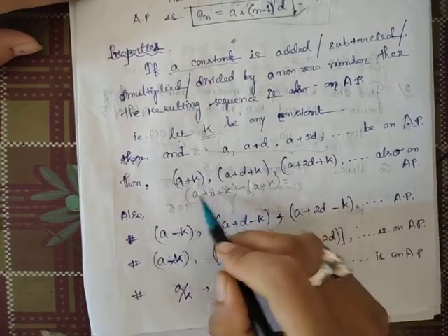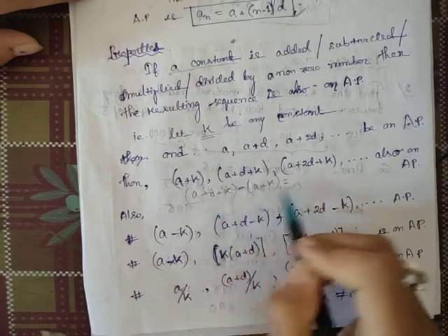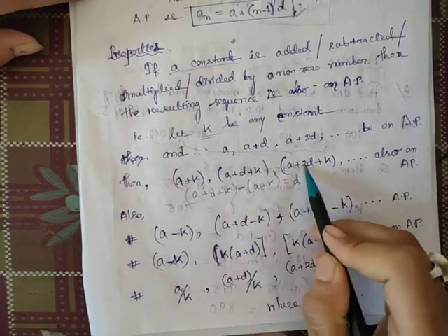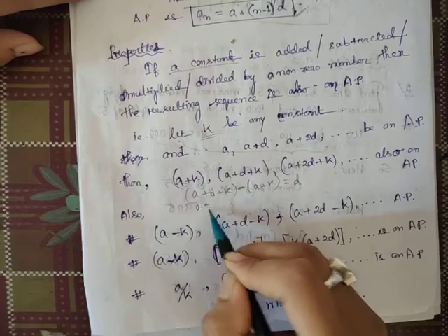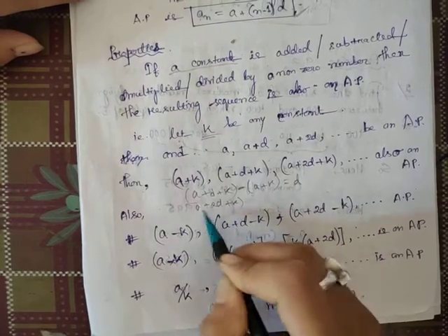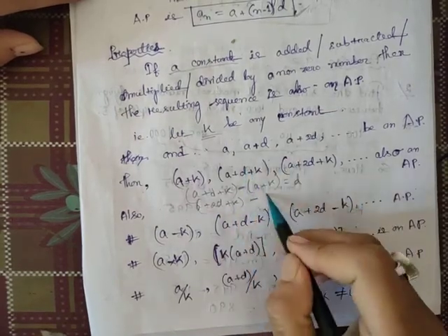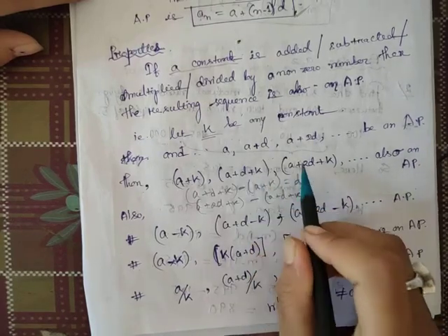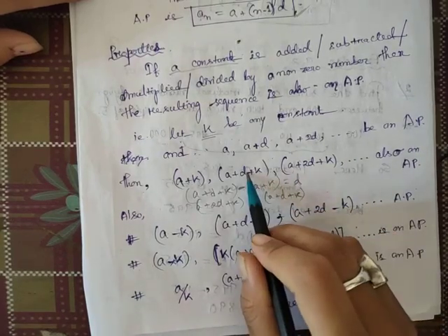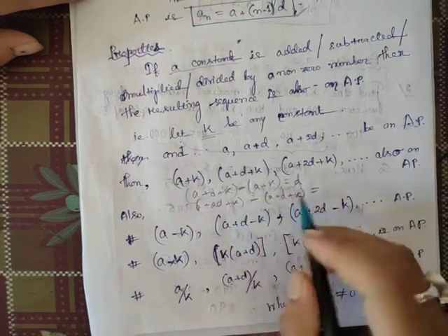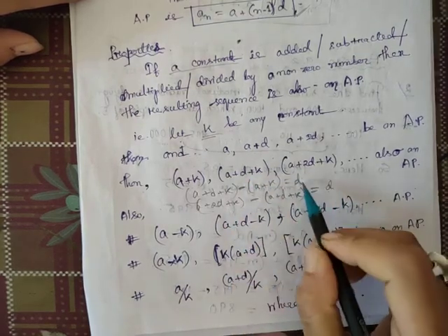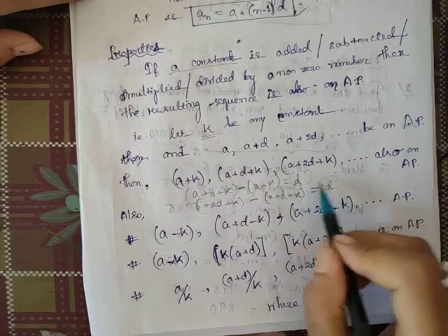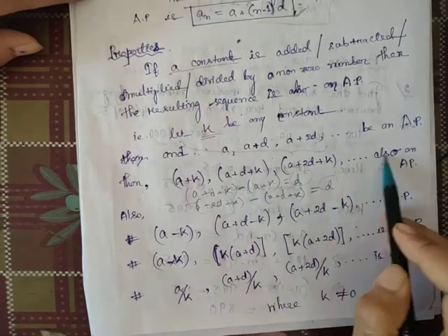Common a and k cancel, we get d. Similarly a plus 2d plus k minus a plus d plus k, that is a3 minus a2, third term minus second term, again we will get d. So our common difference is common, so this is also an AP.